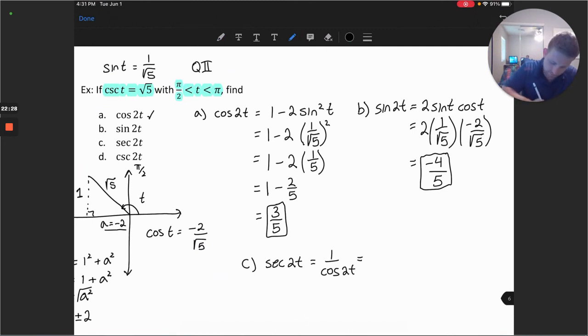That's going to be 5 over 3. And then finally, part D, the reciprocal function cosecant 2t. We'll finish up by taking the reciprocal of the sine 2t. And that will be negative 5 over 4.